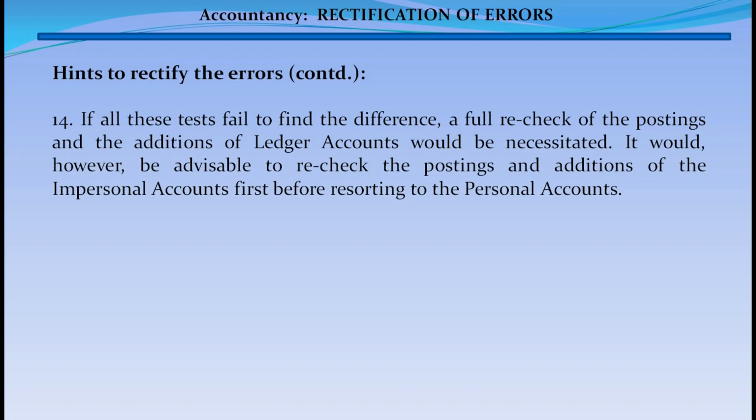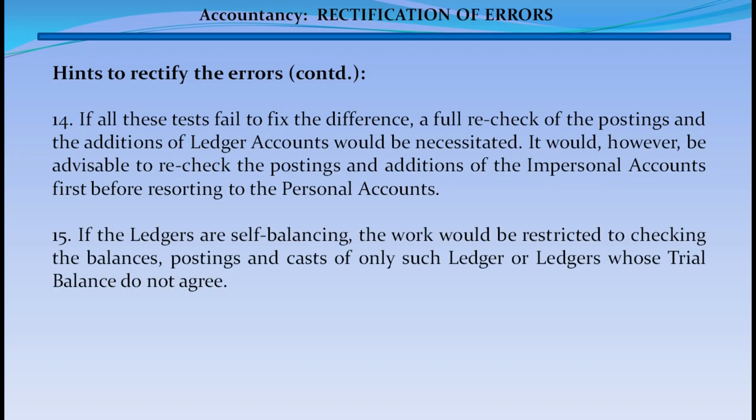It would, however, be advisable to recheck the postings and additions of the impersonal accounts first before resorting to personal accounts. 15. If the ledgers are self-balancing, the work would be restricted to checking the balances, postings, or cash of only such ledger or ledgers whose trial balance do not agree.